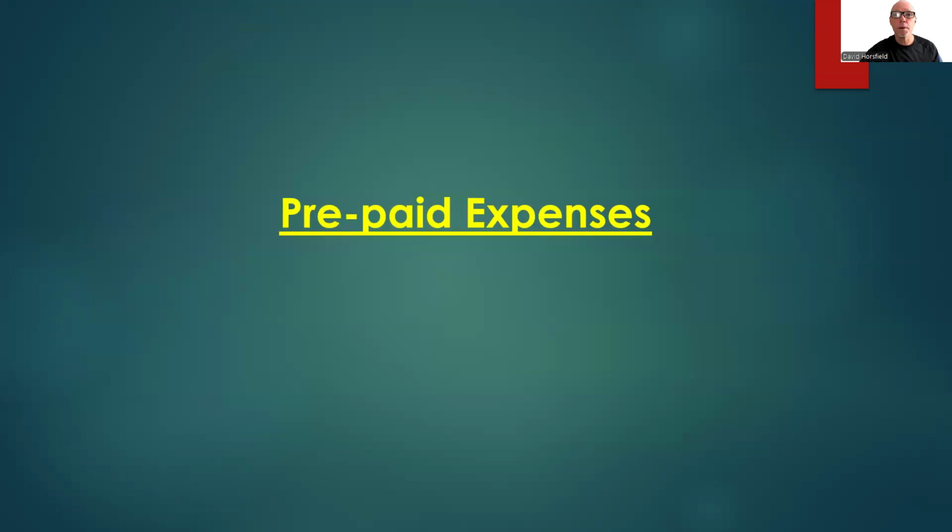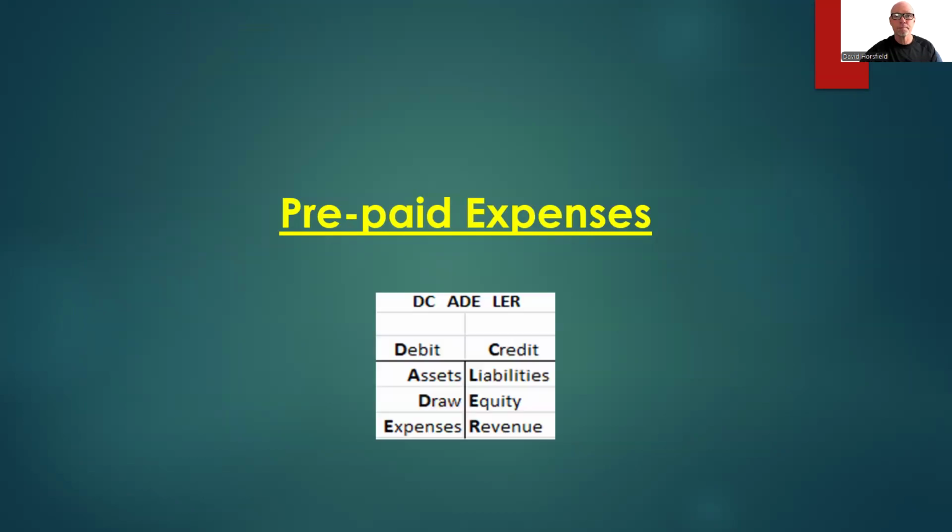So we're talking about prepaid expenses. Here's an example. We're going to rely on our DC Adler, right? DC Adler is still going to be with us. Prepaid expenses are considered an asset in the DC Adler structure.